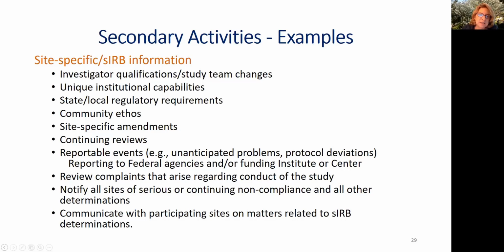We would be expected to review complaints that arise during the conduct of the study. And then if there was any serious or continuing noncompliance that affected the other sites, we'd have to notify them of that. And just generally stay in communication with sites on matters related to single IRB determinations. These are all examples of activities that we are able to charge for.